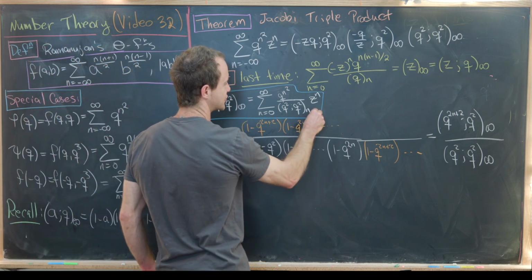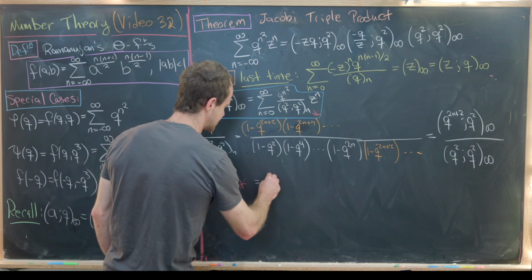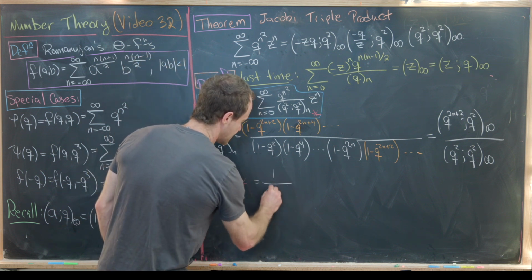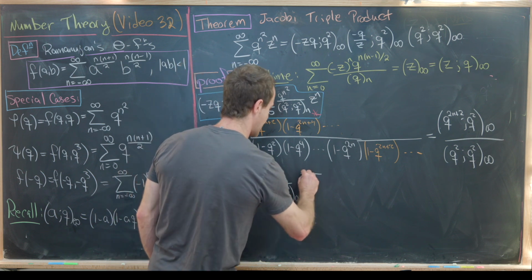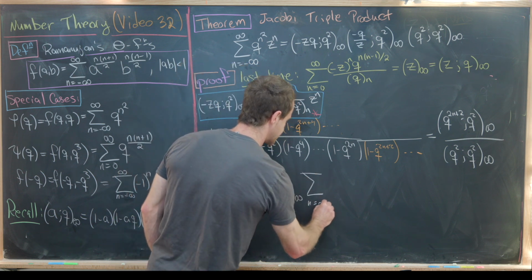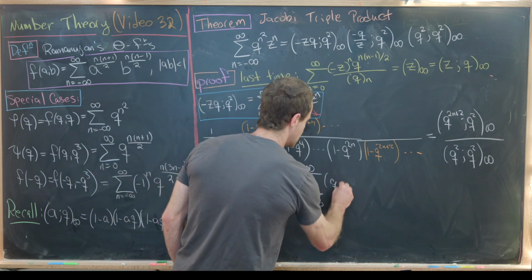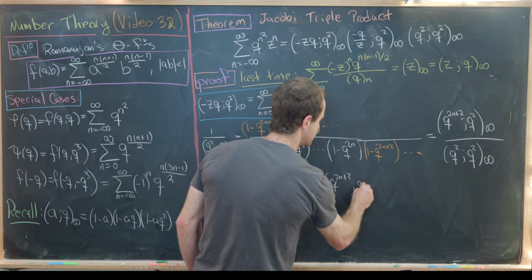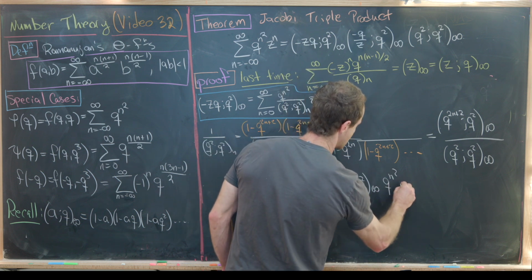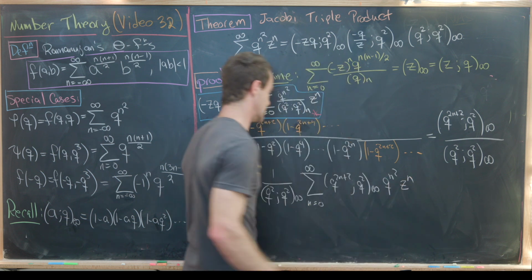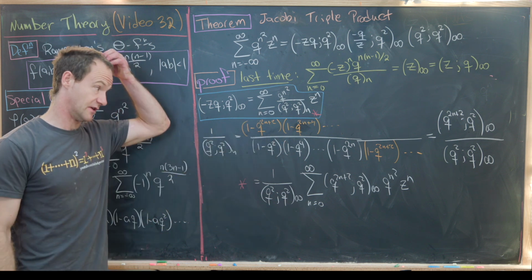So let's put a star here, and notice that we can rewrite that as 1 over (q squared; q squared)_infinity, and then we have this sum as n goes from 0 up to infinity of (q^{2n+2}; q squared)_infinity, and then q^{n squared} times z to the n. So again, that's just rewriting it using this line right here.